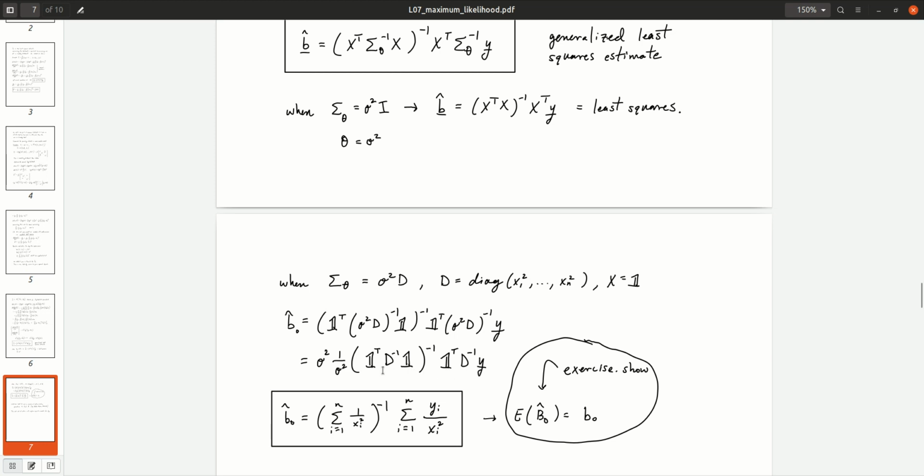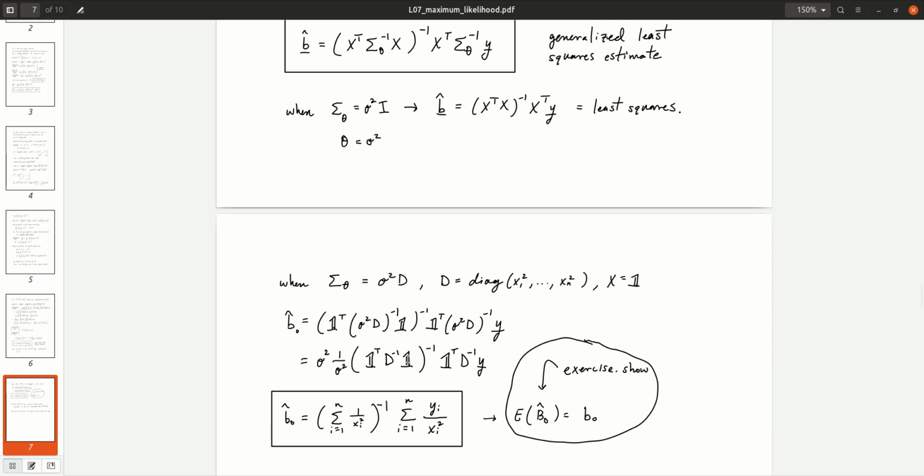Now, if we evaluate this expression, what happens? D inverse times 1 is just a vector where the ith entry is the diagonal values in D. So this is a vector where the first entry is 1 over x1 squared, the second entry is 1 over x2 squared, and so on.